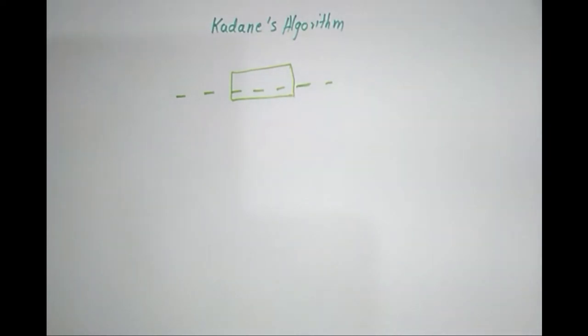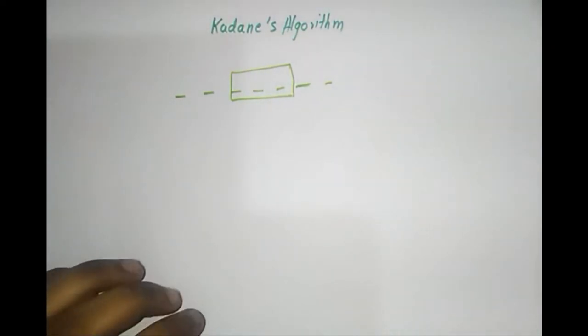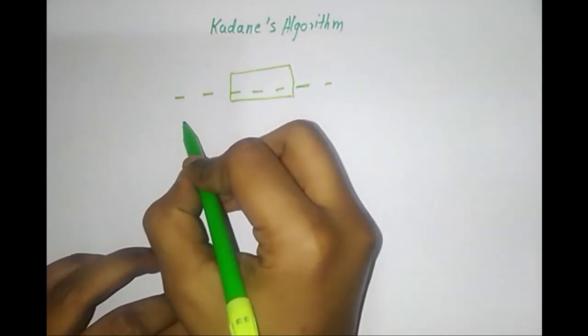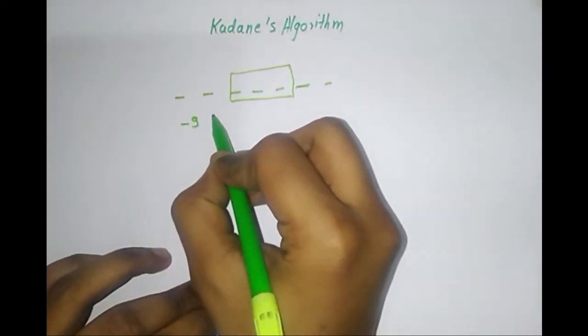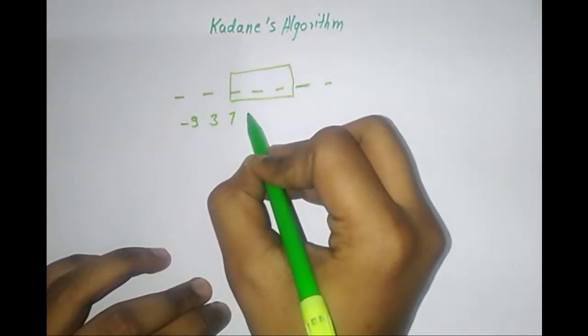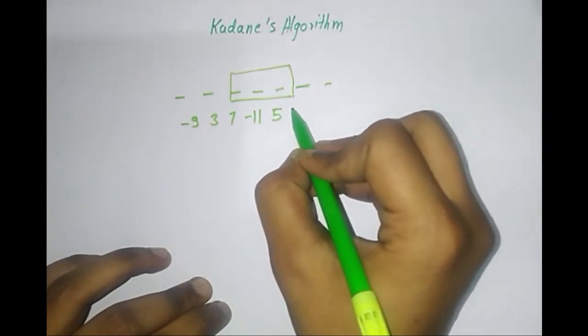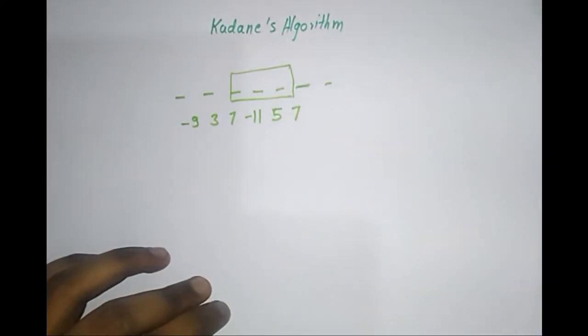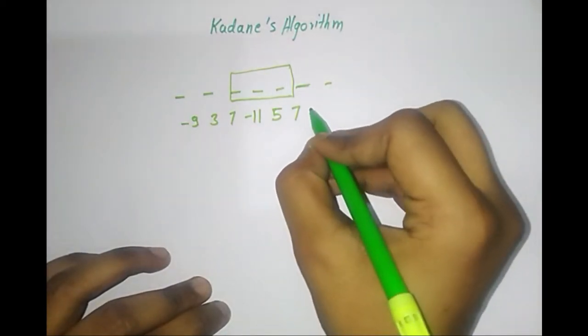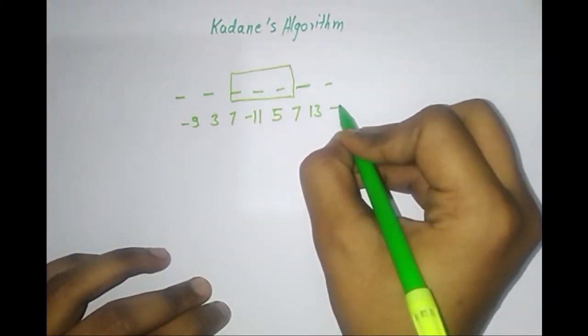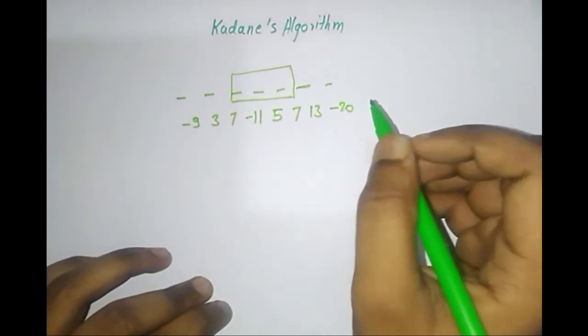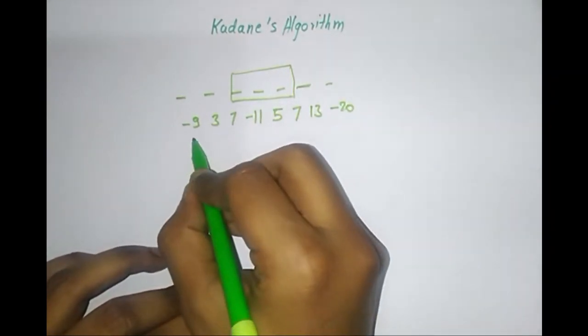Now let us suppose that we are given an array like -9, 3, 7, -11, 5, 7, and 13, -20. So this would be enough.